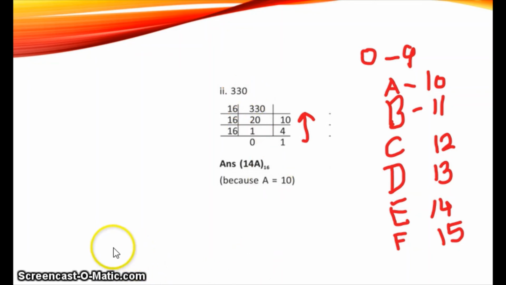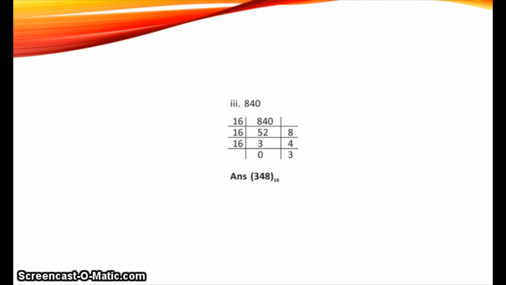Now the next conversion is of 840. We have to convert 840 to hexadecimal format. The same procedure, dividing it continuously by 16, making the quotient 0 or the minimum number.